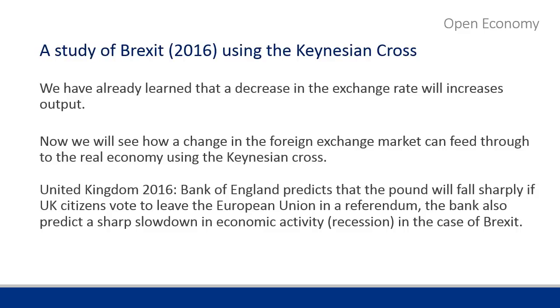In the event of Brexit, the Bank of England predicted that the pound would fall sharply and that there would be a sharp slowdown in economic activity. In other words, there'd be a recession. But let's look at what the Keynesian cross does tell us.